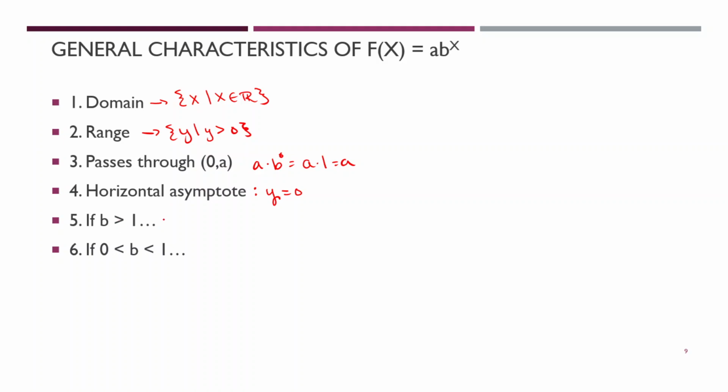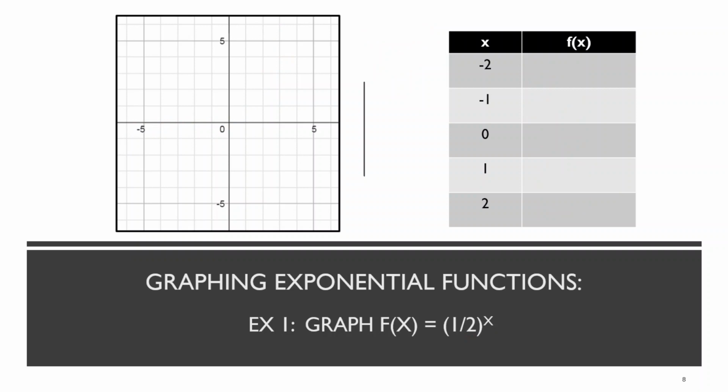If b is greater than 1, it is a growth function, which means it is increasing. And if b is between 0 and 1, then it is a decay, and so it is a decreasing function. So let's go back and look at what happens when I make b less than 1.